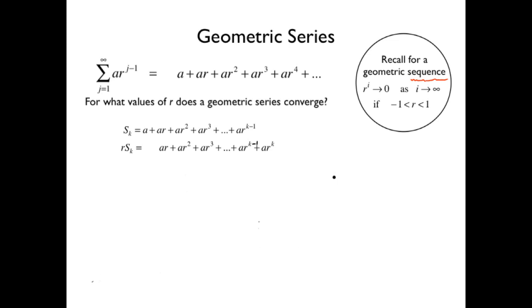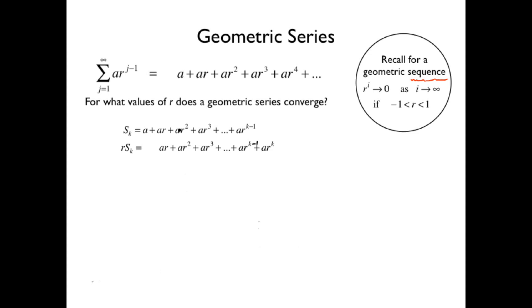Okay, we've got them all lined up, so we're going to subtract. We're going to take the top equation minus the bottom equation. So on the left, we'll have S_k minus R times S_k. And what will we have on the right when we subtract? We'll have A minus AR to the k.